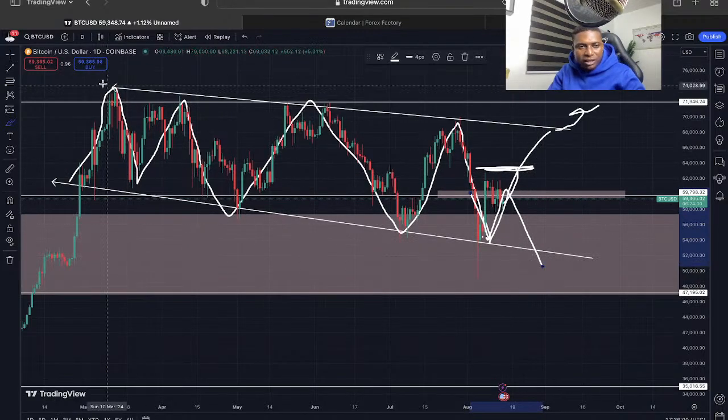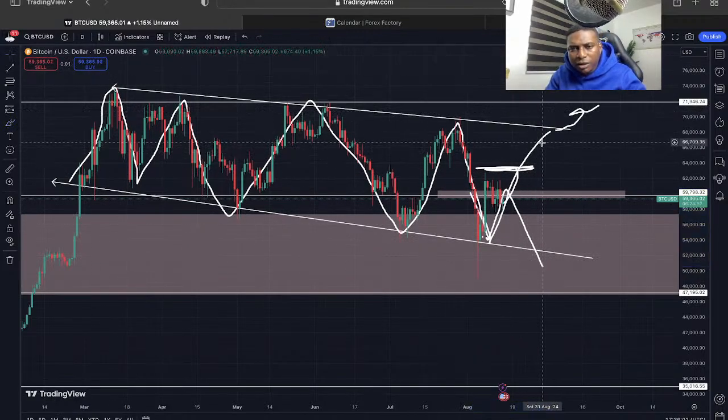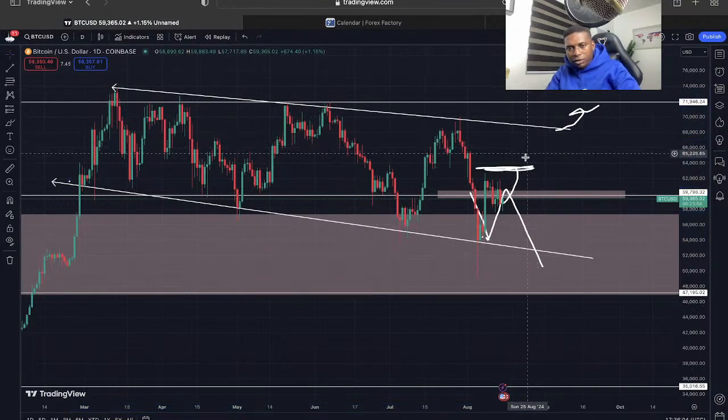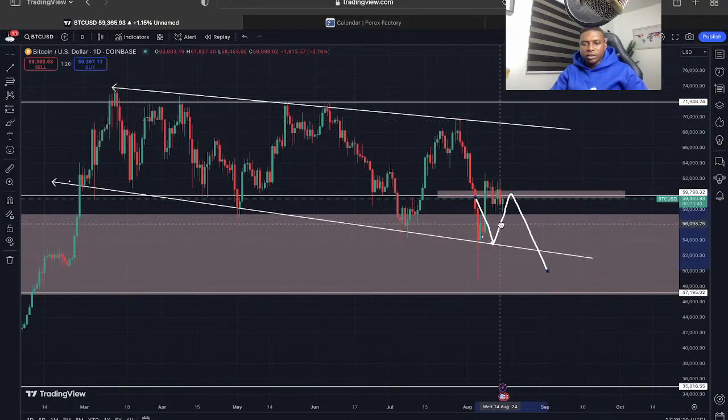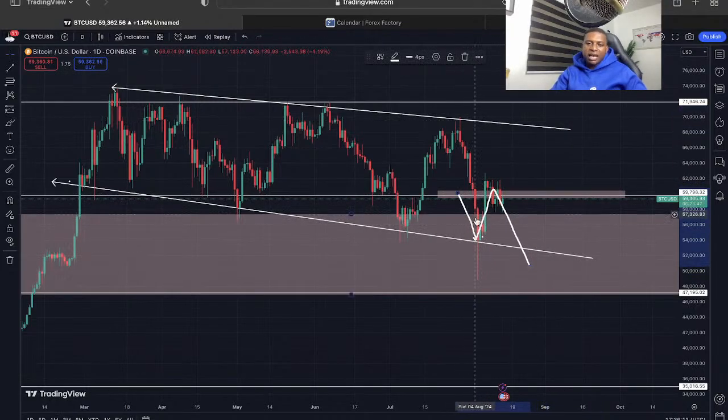Let me remove it. The chart is looking very clumsy. Yeah, this is it. So we might just see that BTC drops here, goes up here, and we just drop back again.